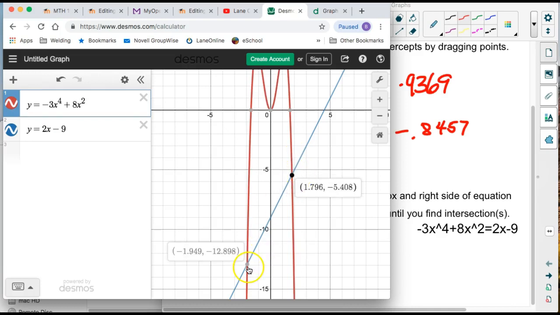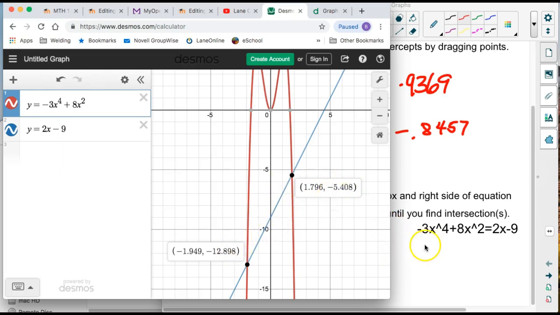They should show you those intersection points. We're looking at just the x values, so we're looking at 1.796 and negative 1.949. Those are our solutions. We're not going to be looking at the y values.